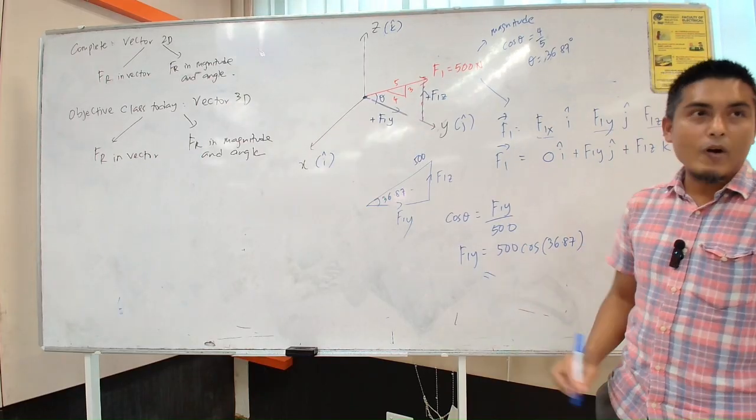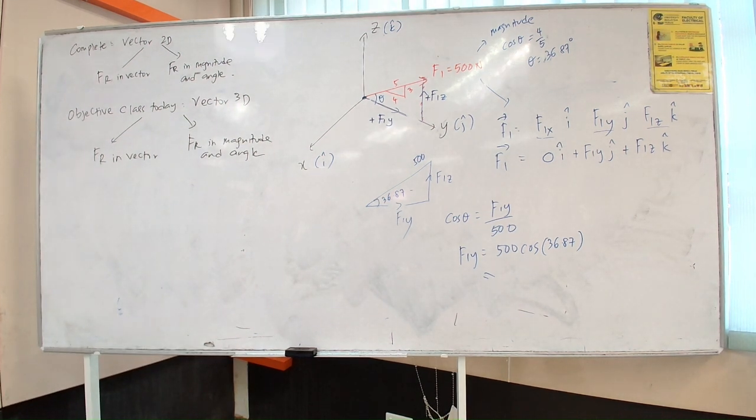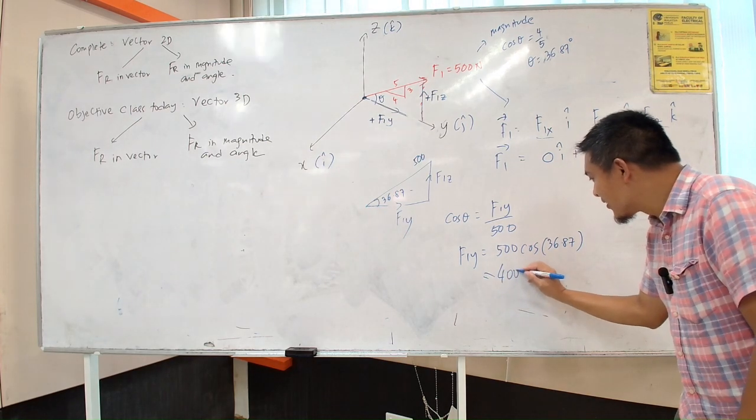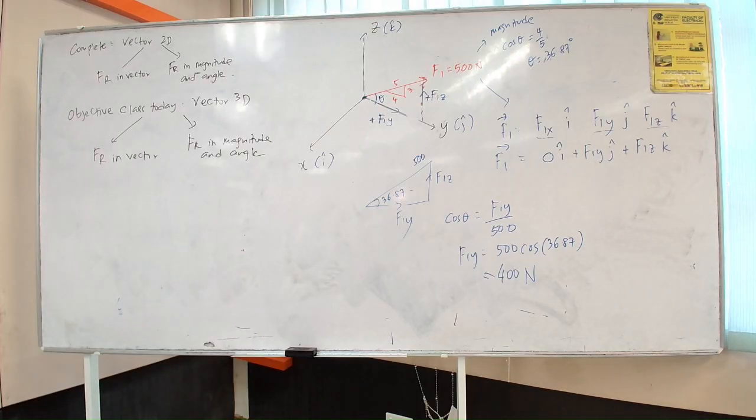Then you get the F1y value. And the answer, I believe, I use my head to calculate it, is 400. So F1y is 400 Newton. Don't forget to put the Newton unit because it is force.